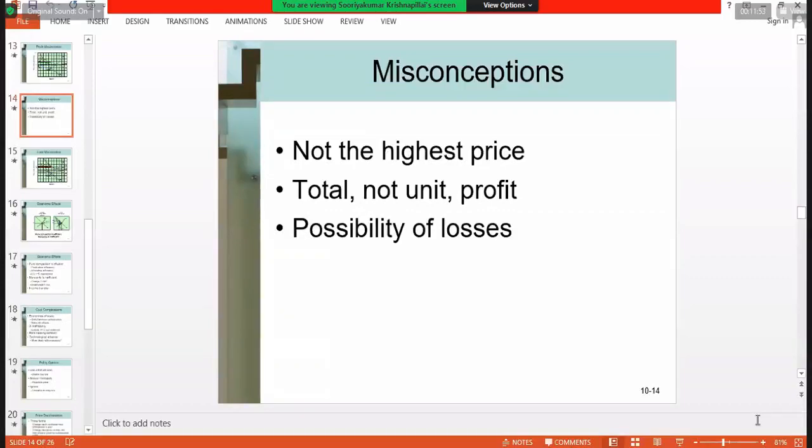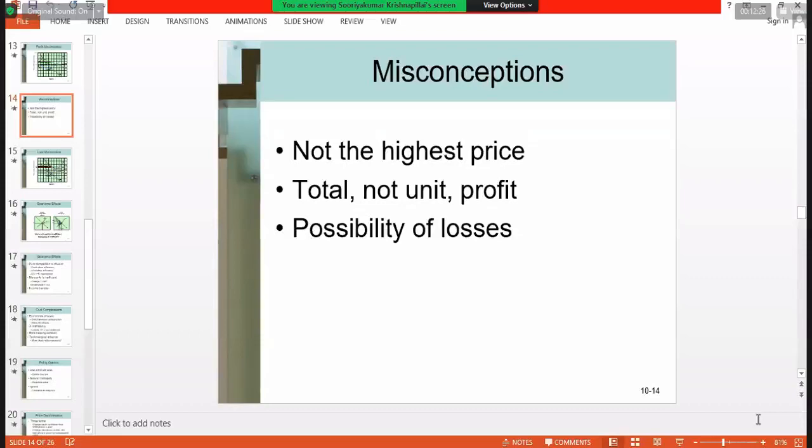They charge a high price, but not the highest price. They cannot charge a very high price. If the monopoly wants maximum profit, he should select the output where marginal revenue equals marginal cost. Then to sell that output, the price is determined by the demand curve.